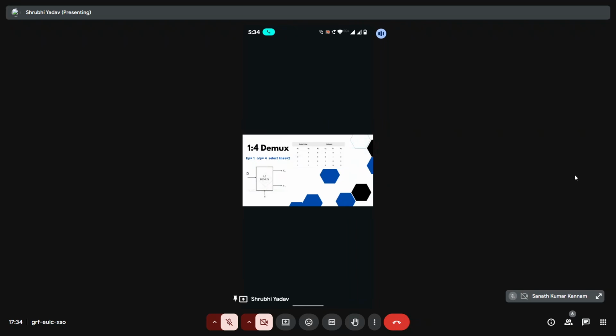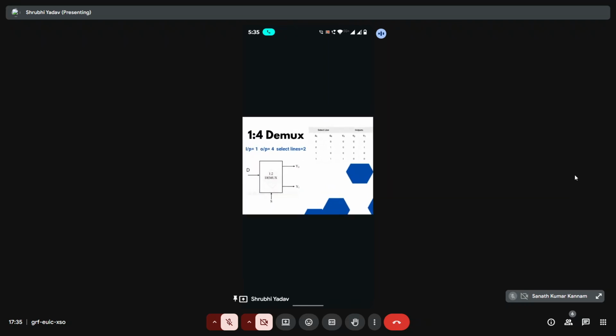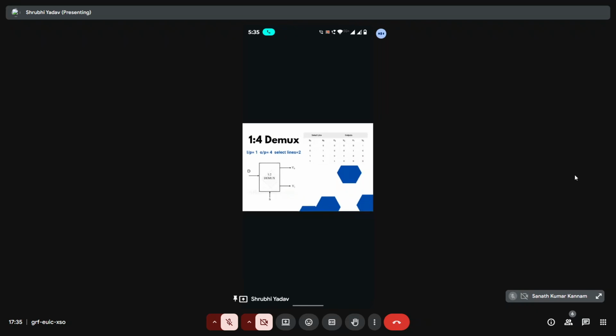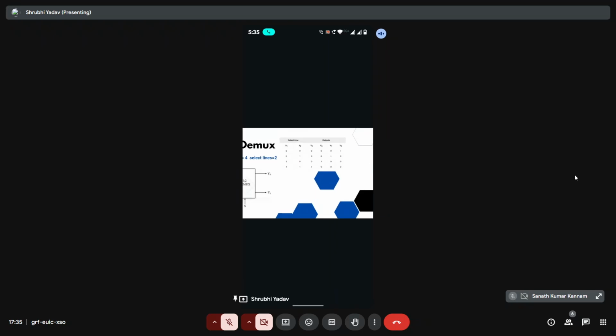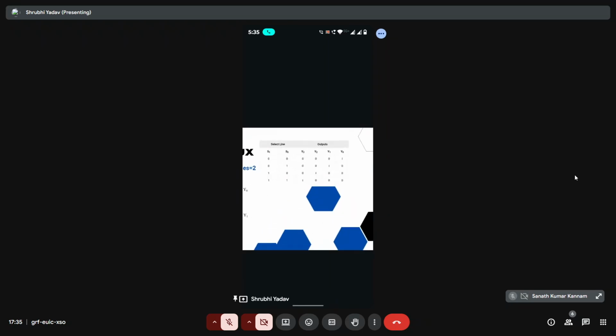Here the input will be D and the outputs will be Y0, Y1, Y2 and Y3, and the select lines will be 2. Here I think I mentioned the 1 cross 2 logic diagram, but we can say that if the outputs are 4, then they will be Y0, Y1, Y2 and Y3. We can see from the truth table.